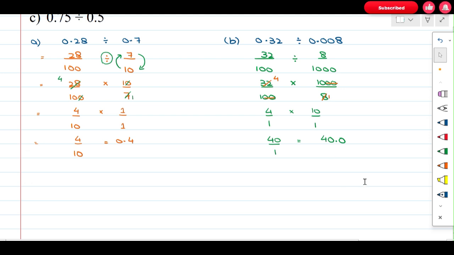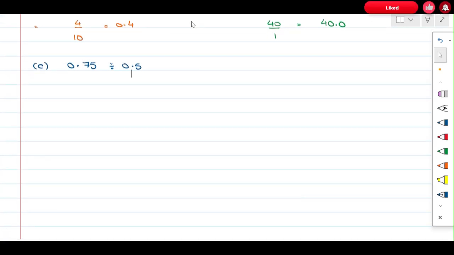Okay, let's practice the third part. Now for part C, 0.75 divided by 0.5. Let's do this together. Okay, so the first step is the same, 75 over 100, because we have two decimal places.